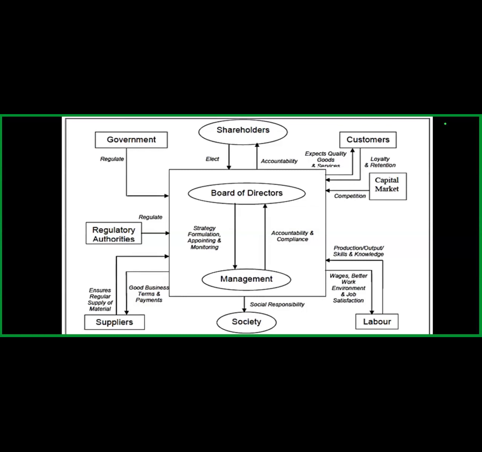Customers are included, government is included, regulating authority is also included. So it is also called the exhaustive or all inclusive model of corporate governance that is being followed in India.